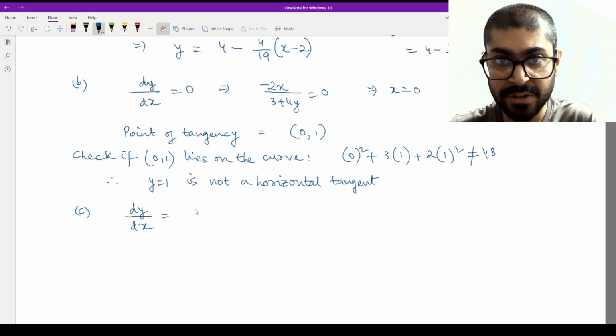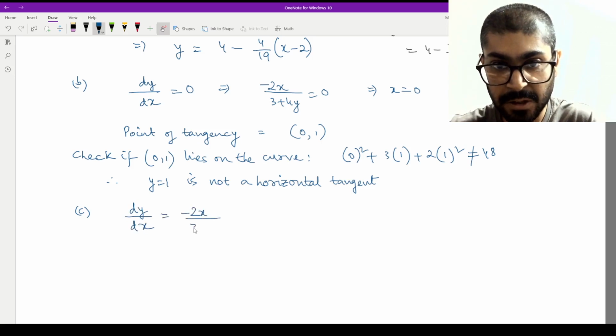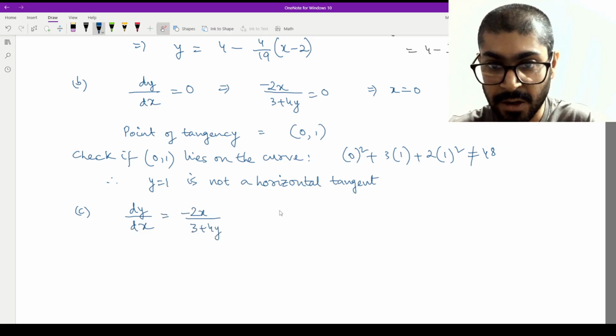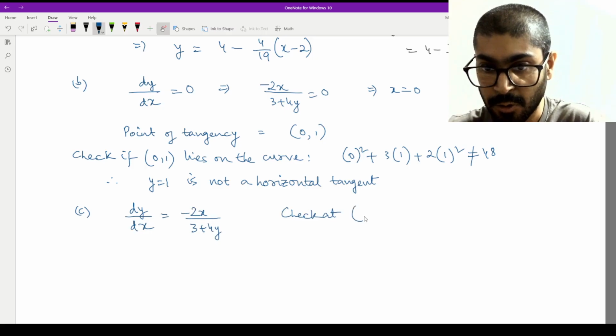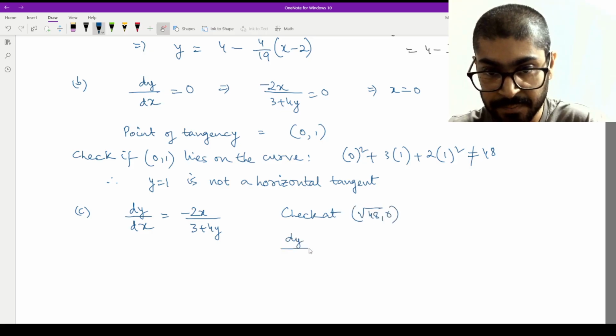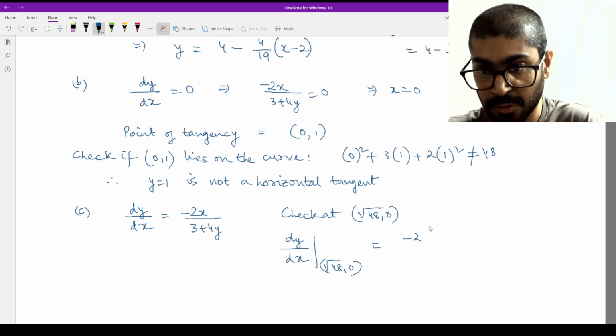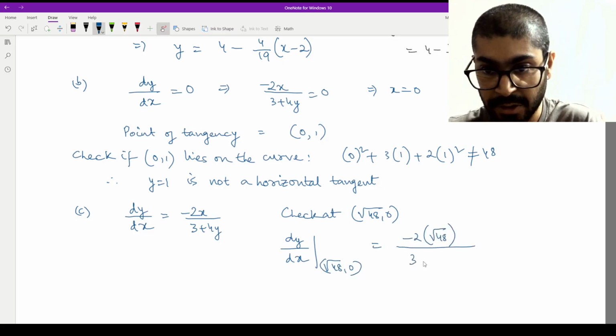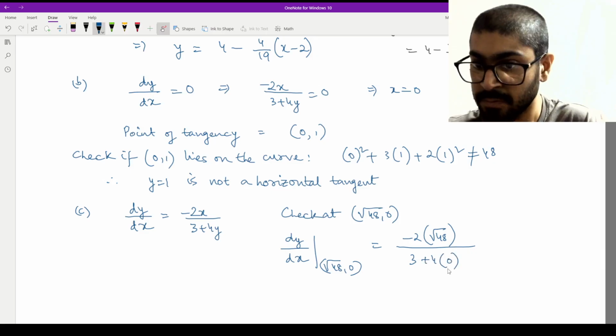So derivative was given to be minus 2x by 3 plus 4y. Now check at root 48 comma 0. So this turns out to be minus 2 root 48 over 3 plus 4 into 0.